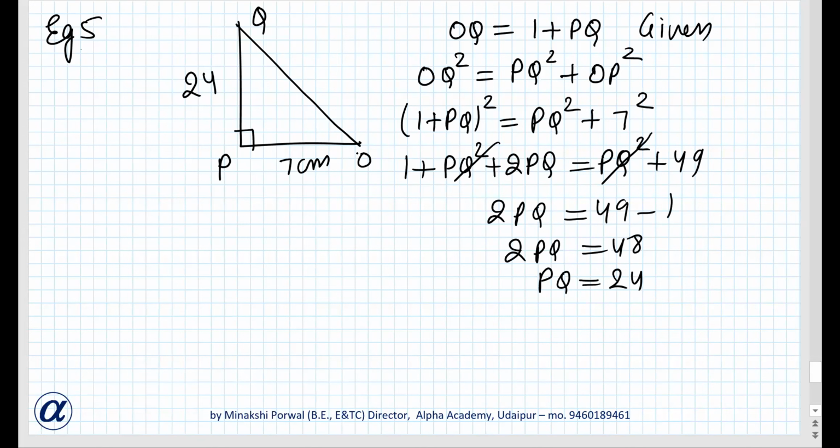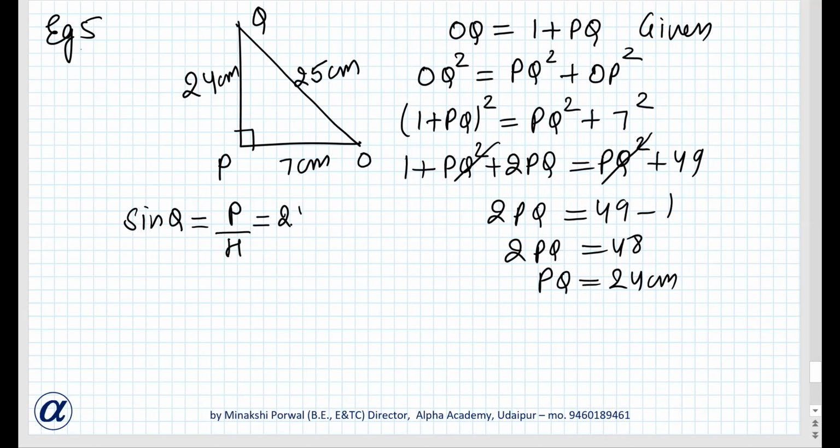Now you can find OQ by PGT. This is actually an absolute value, that's why I am not taking that k. It's not a ratio. PQ is 24 centimeter. So when you find by PGT, you will get OQ as 25 centimeter. Now we have to find sin Q. Sin Q is perpendicular upon hypotenuse.